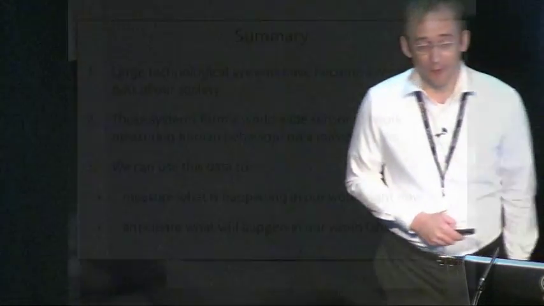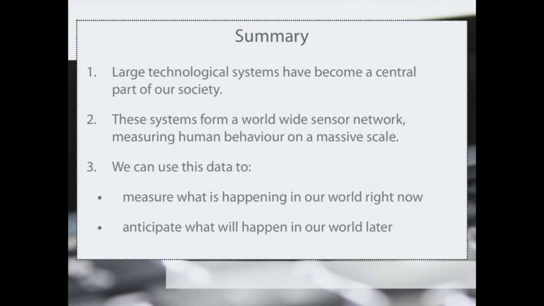I have hopefully demonstrated some evidence based on our recent research examples that large technological systems have become a central part of our society, and that we can actually use them as a worldwide distributed sensor network, in particular if you're thinking of this huge Flickr map.